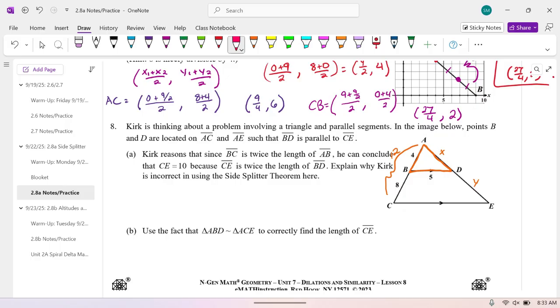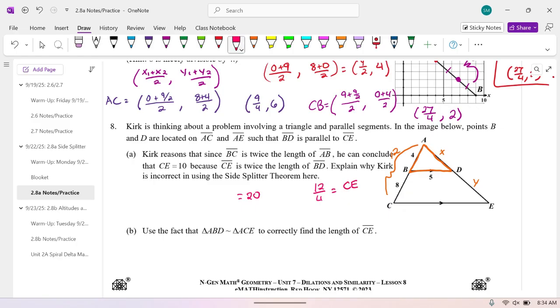All right. So that means that it's actually 3 times the length. And if I check that, well, let's say I wanted to find x. Well, 12 over 4 would have to be equal to 5 over whatever CE is. I mixed it up.